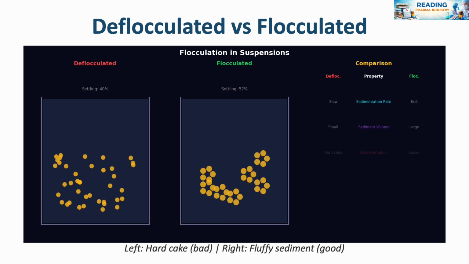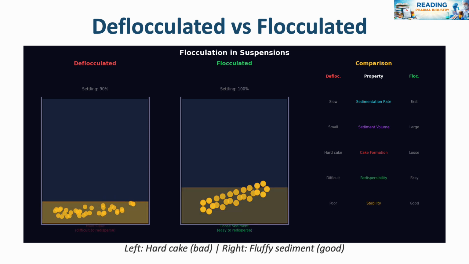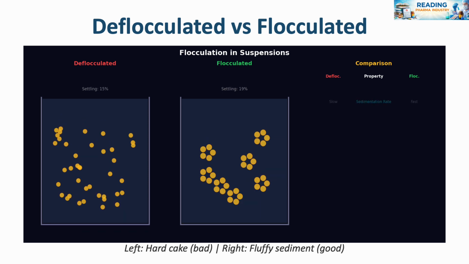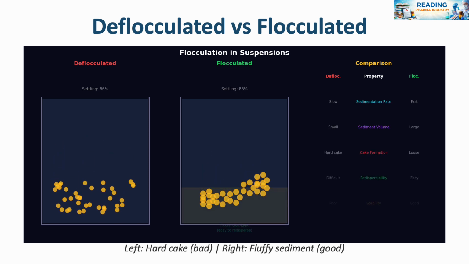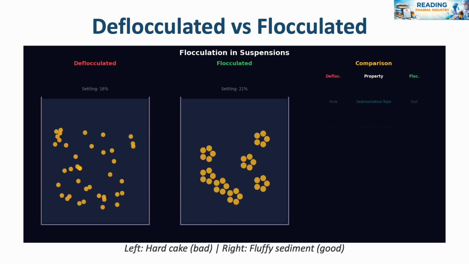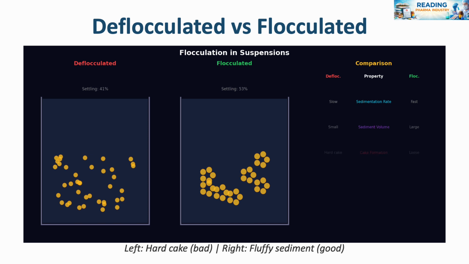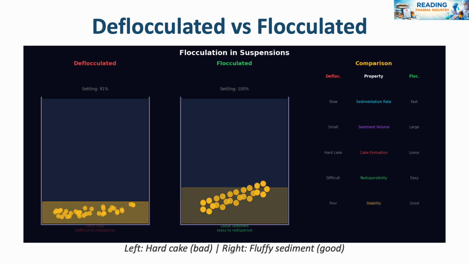Floccules will be loose, while deflocculated particles form hard cakes. Redispersibility will also be different, and stability, which is the main thing, is going to be different as well. For floccules it's going to be good, while for deflocculated particles it will often be bad.